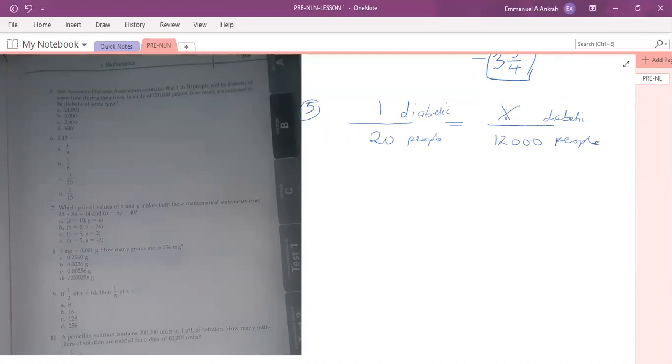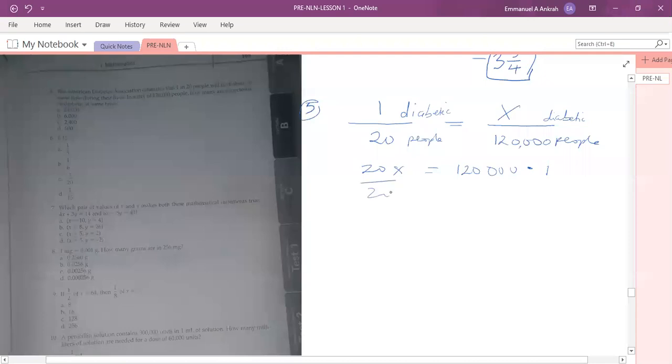It's 120,000. I left out 1 zero. And then you can solve for X. So you have 20 times X is equal to 120,000 times 1, cross product.